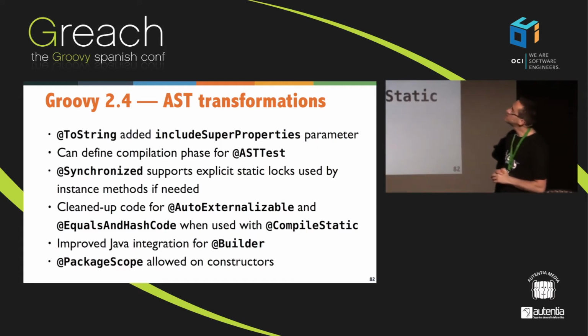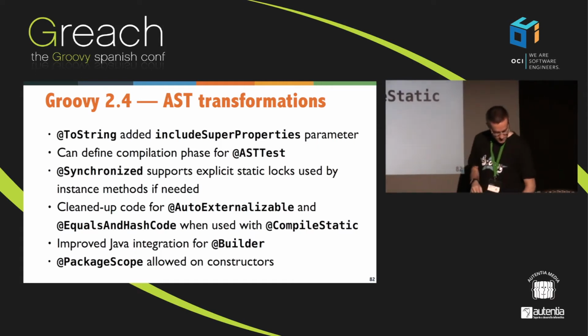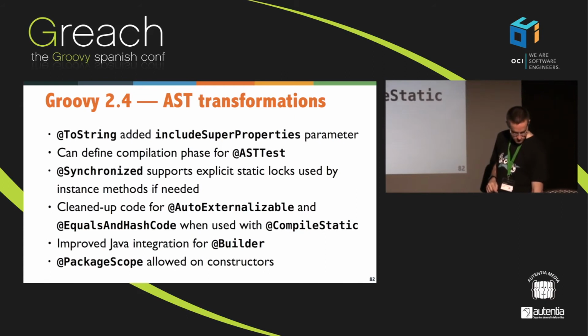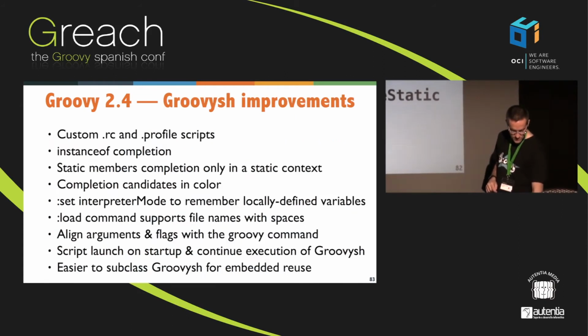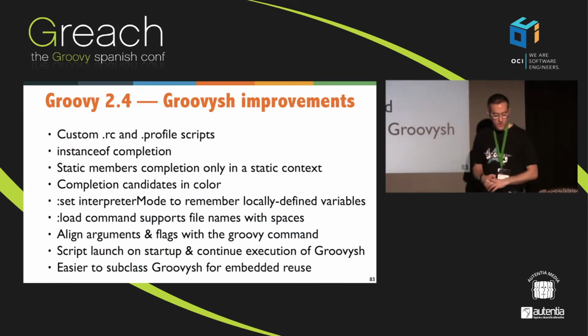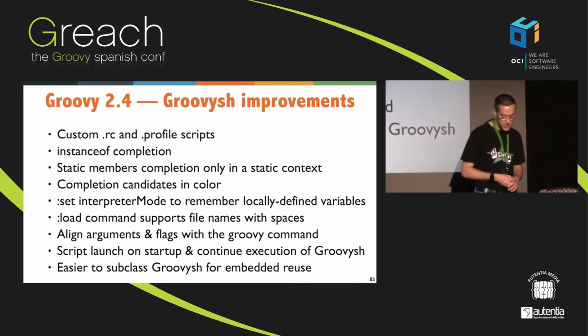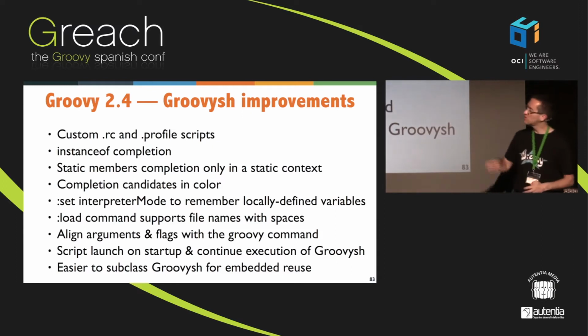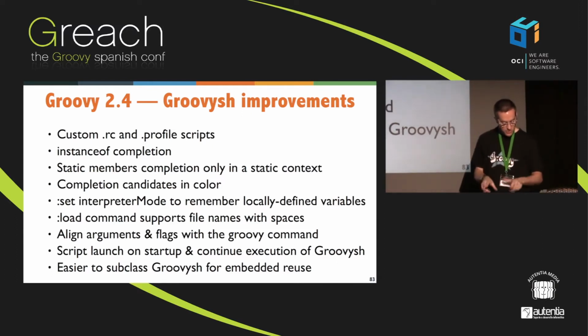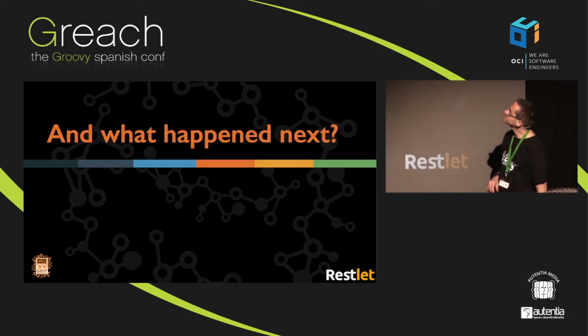Some refinement in terms of AST transformations. Groovysh, if you use the Groovy shell, there was quite a bit of work on it, if you want to have custom profiles and things like that, plus better code completion as well. So it's quite nice if you use the shell.